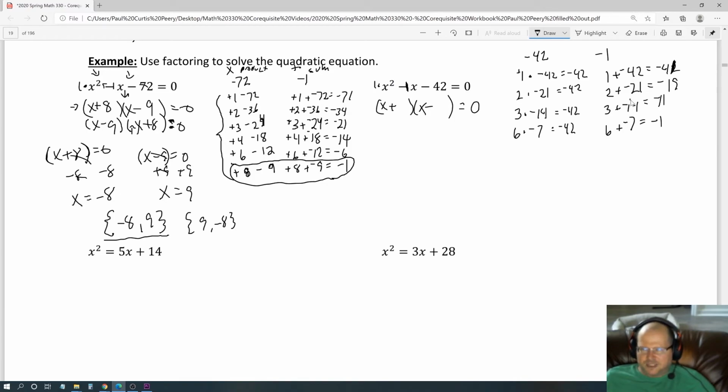Oftentimes, if you take your time and get the correct answer slowly and carefully, it'll take you less time than rushing through and getting the wrong answer 3, 4, 5, 6 times. I've seen it before. It may seem counterintuitive, but if you rush through the math and you're constantly getting the wrong answers, it may behoove you to slow down to go faster.